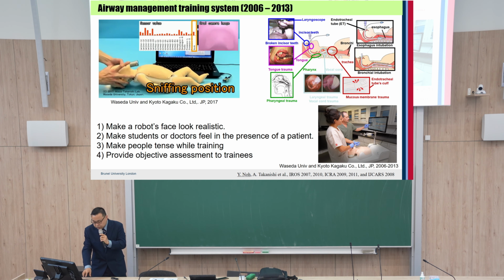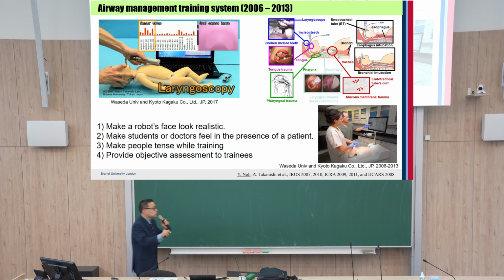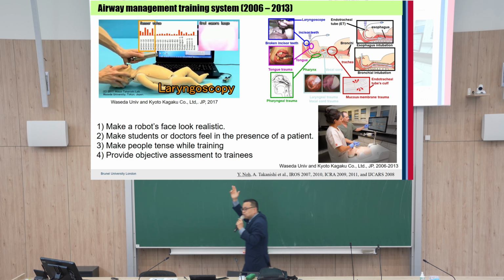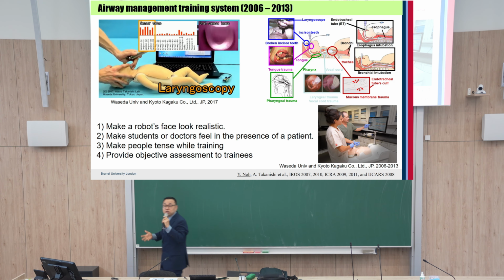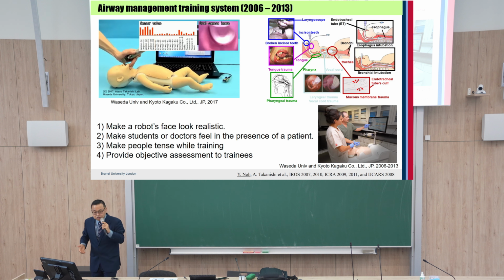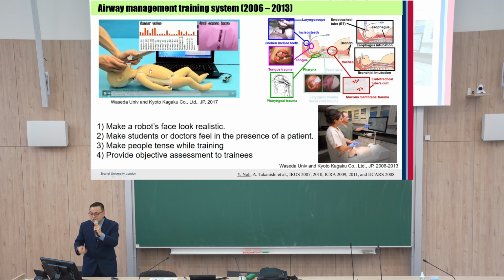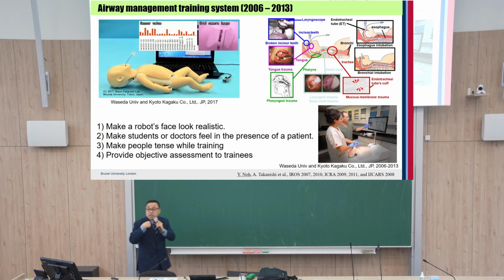Because here, in Japan, I designed the patient robot. In the patient robot, we integrated a lot of sensors inside. Do you know tracheal intubation?